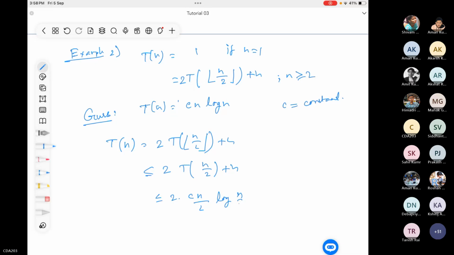Suppose the statement is true for any value less than n. So I'm talking about anything less than n. This n by 2 is a value less than n, so it will hold.